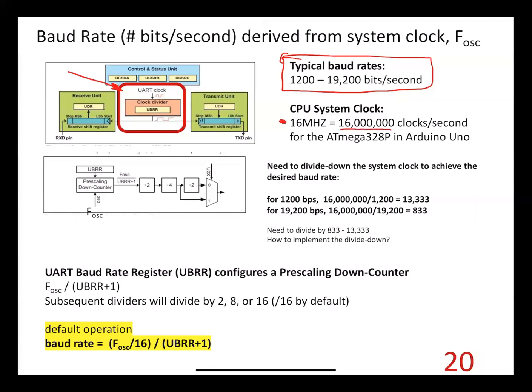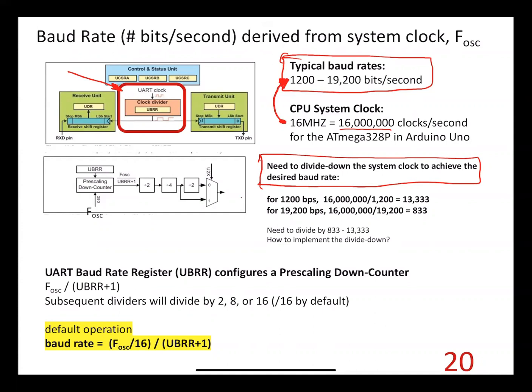What we want to do here is set up a baud rate as part of our protocol of somewhere between 1200 and 19,200 bits per second. So we have to implement a divide down counter. We have to take that system clock, which is counting at 16 million clocks per second, and divide that down to 1200 or 19,200.